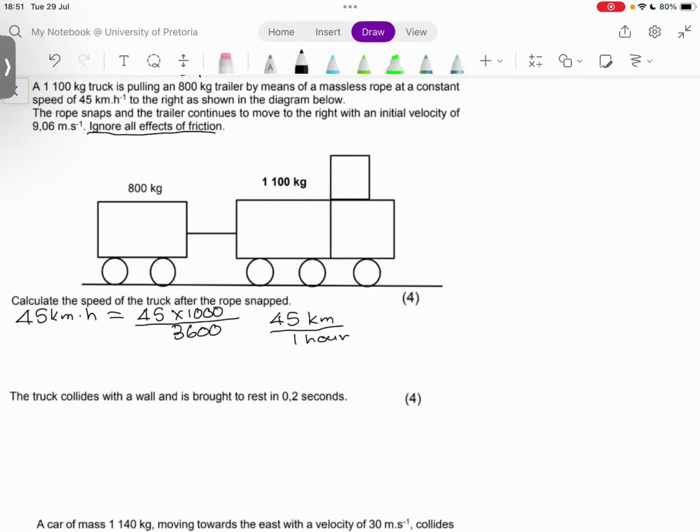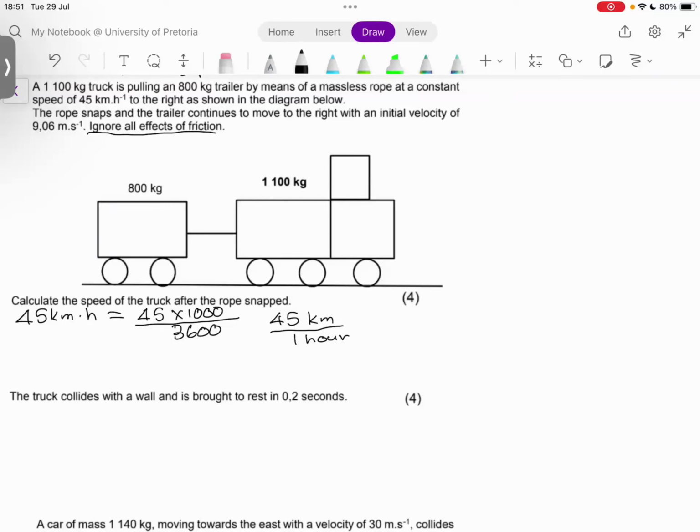First of all, we have to know how many minutes are in an hour and how many seconds are in a minute. So we then have 60 minutes in 1 hour, and we have 60 seconds in 1 minute. If you do it like this, then the units cancel out.